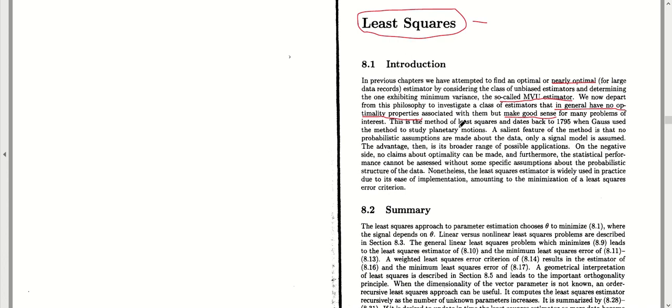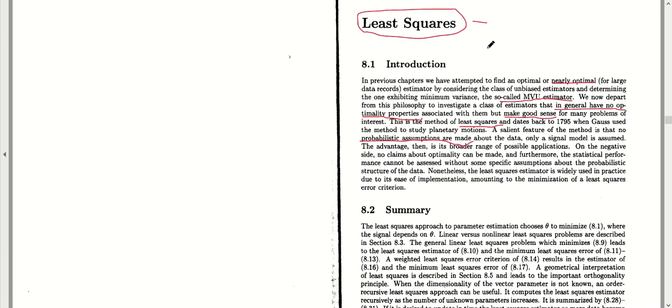This is the least square, and it dates back to the old times when people started to study cosmology and planetary motions. A salient feature of the method is that no probabilistic assumptions are made, right? That will make the problem at first sight look complicated.